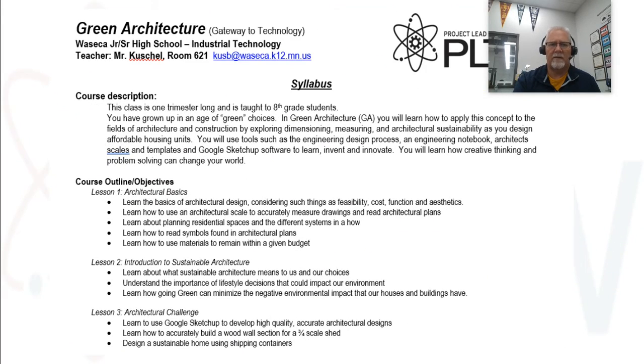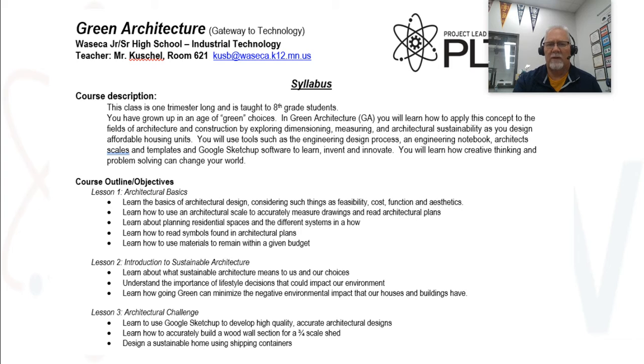So if we look at our syllabus, first thing, a course description. I'm going to just read that with you so you get an idea what that's all about. This class is one trimester long and is taught to 8th grade students. You have grown up in an age of green choices. In green architecture, you will learn how to apply this concept to the fields of architecture and construction by exploring dimensioning, measuring, and architectural sustainability as you design affordable housing units.